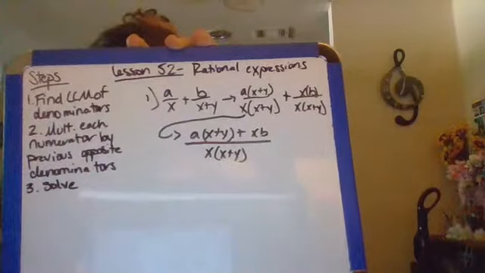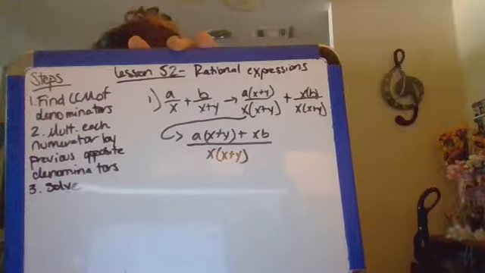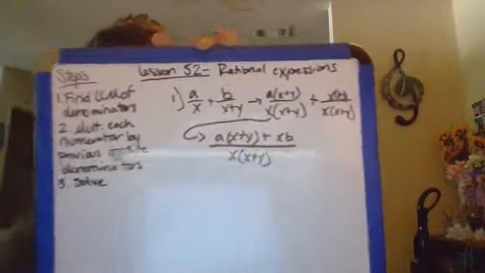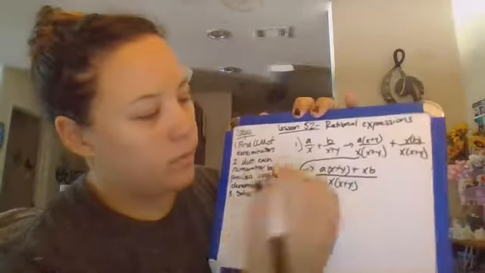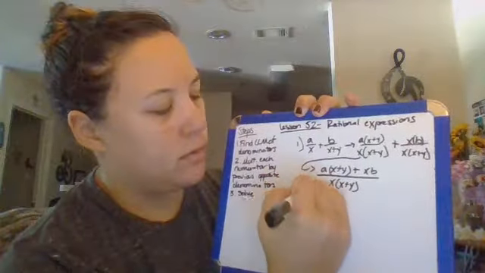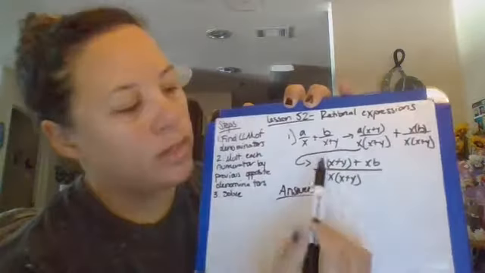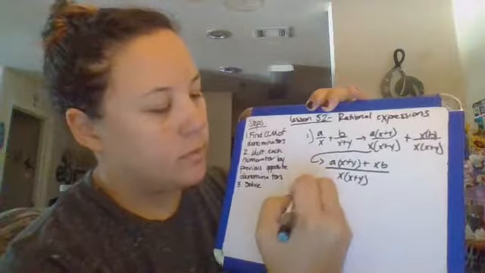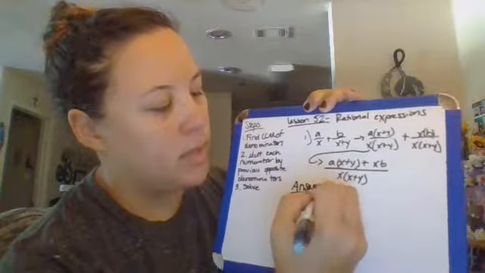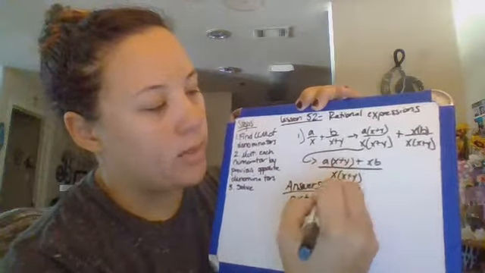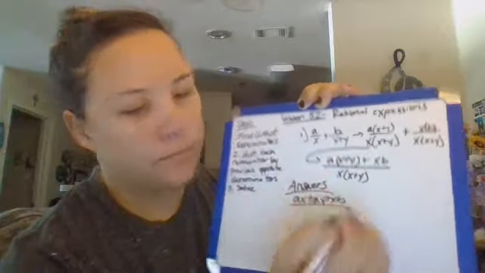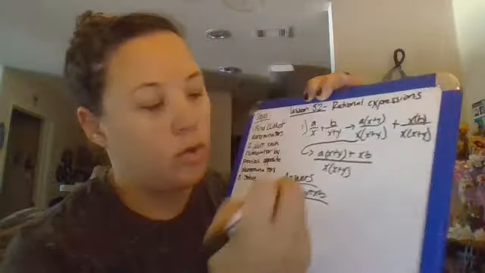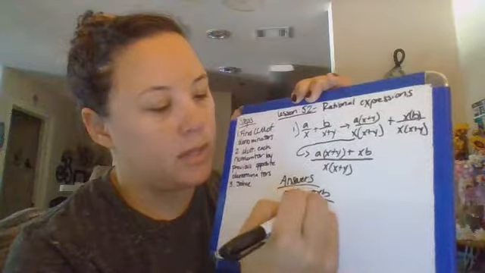And there are 3 possible answers. The first one, we can distribute out the a times x plus y. So we would have ax plus ay plus xb over x plus y.